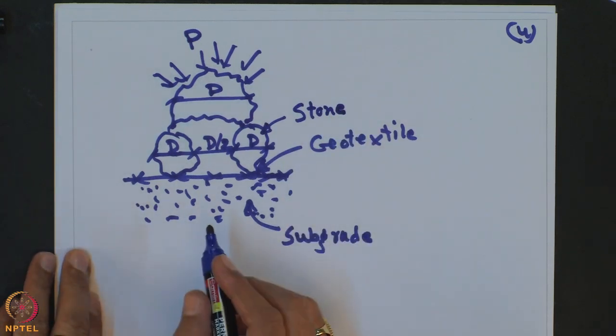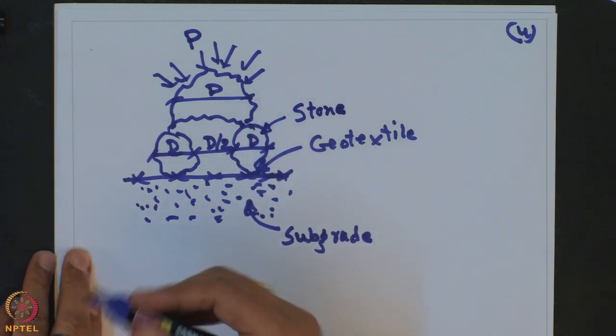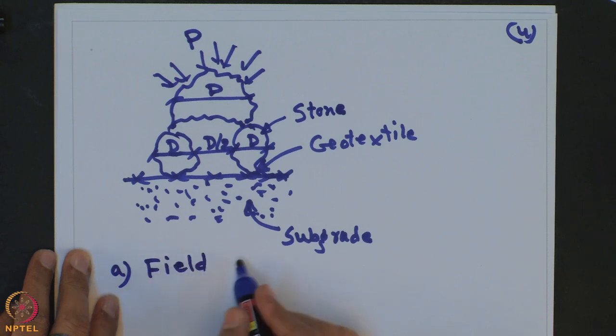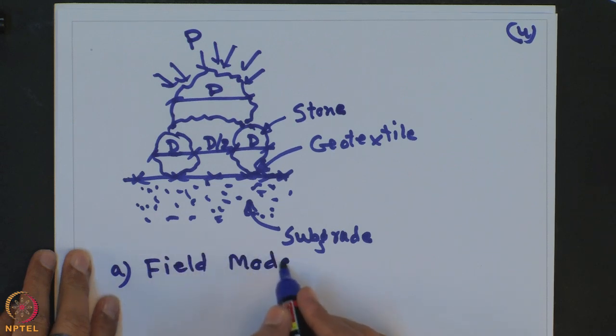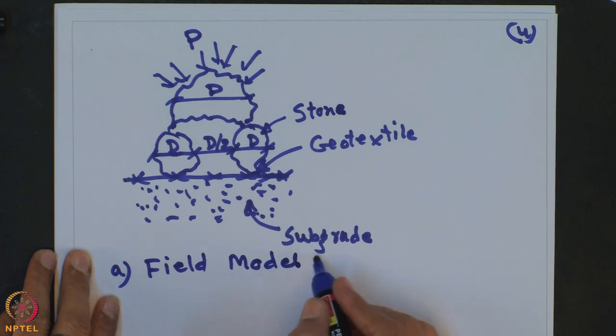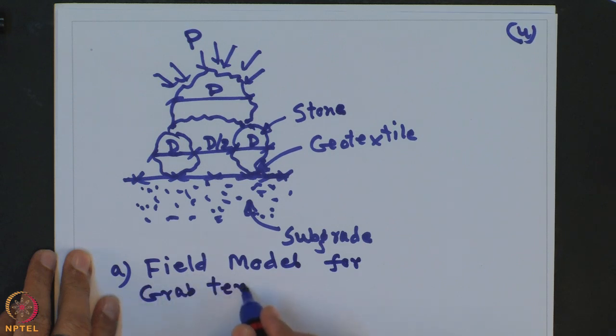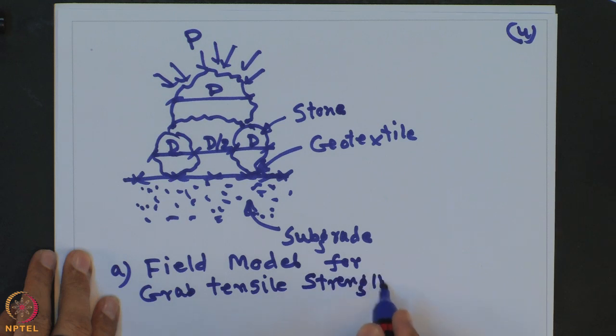So, this I am showing is the field model for grab tensile strength. This is the initial condition.